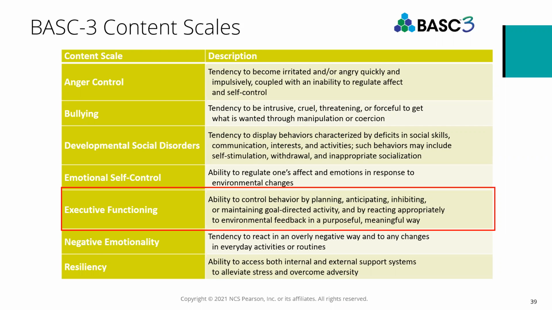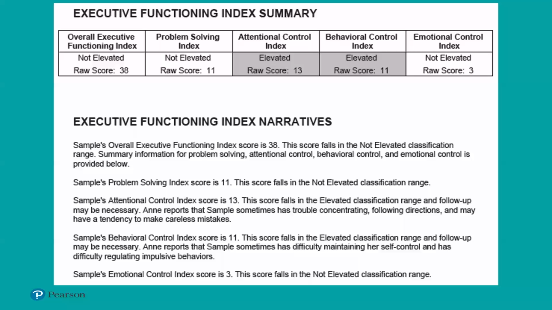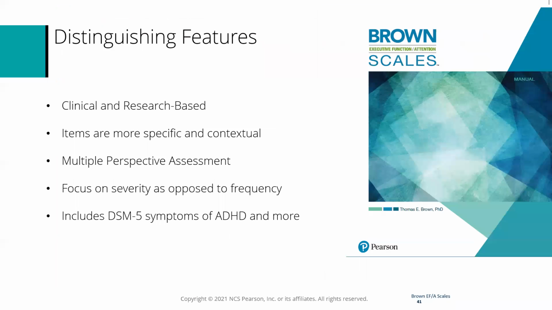Students with TBI also are likely to score high on this, and other disorders that have an impact on executive functions may also score high on there. The executive function content scale is broken down further into problem solving, attentional control, behavioral control, and emotional control, along with a narrative that describes the associated behaviors. So you can see that as part of your report once again.